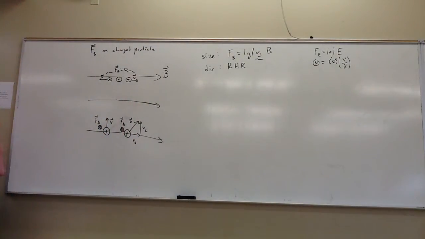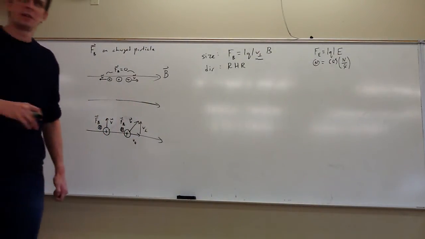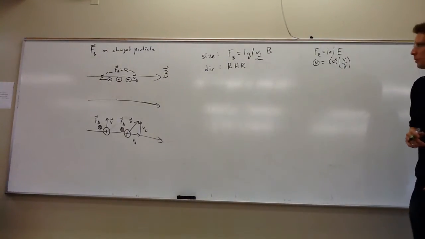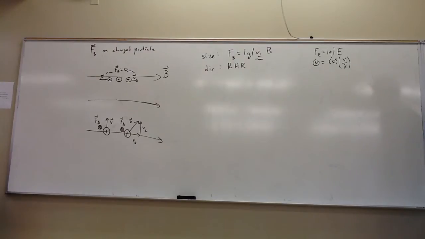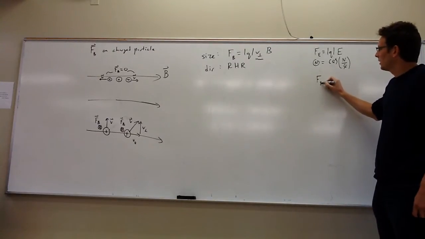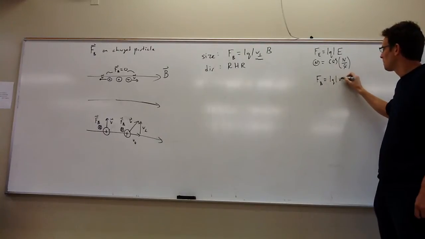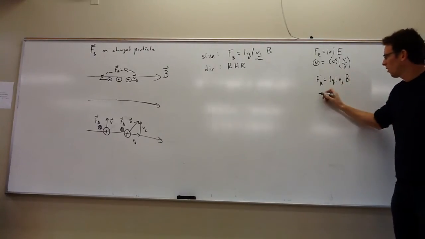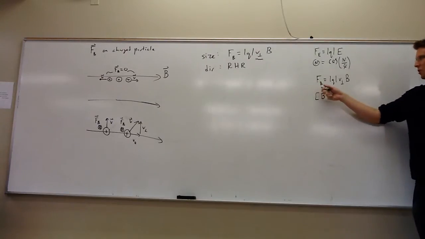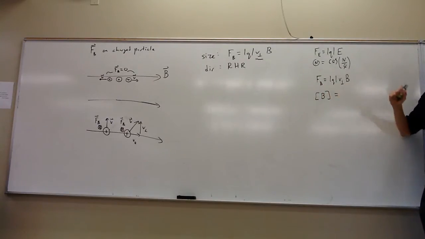So let's similarly analyze our new force formula. It's going to give us the ability to find out what are the units of magnetic field, because we know the units of everything else. So if we take a look at this formula, we can solve for the units of magnetic field. That'll be the units of force over the units of charge and velocity.